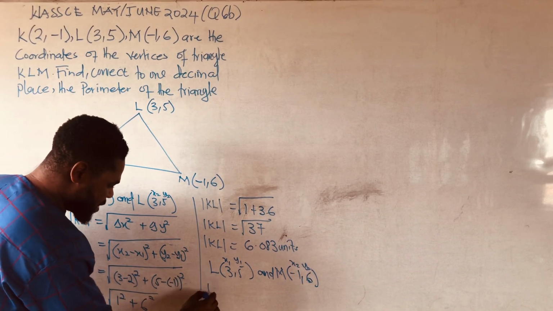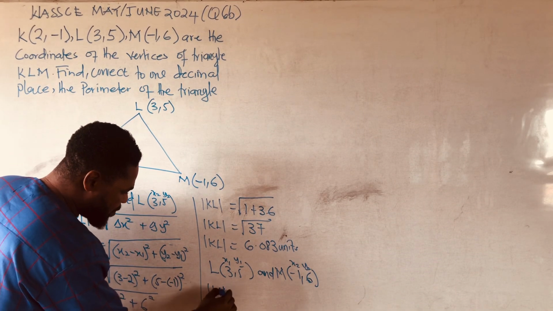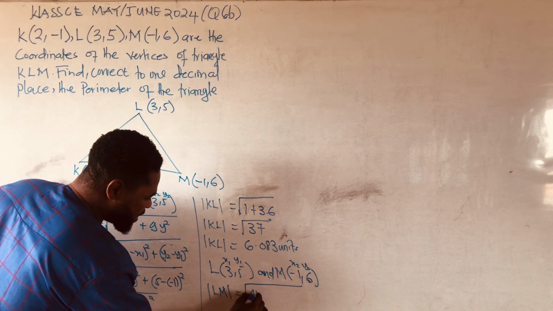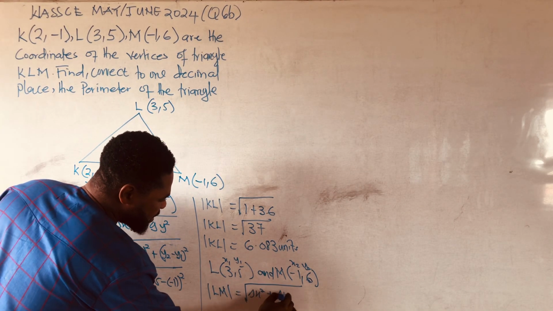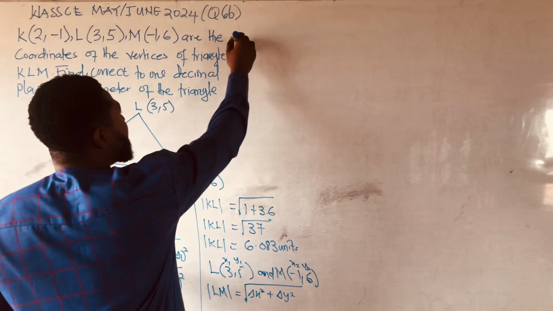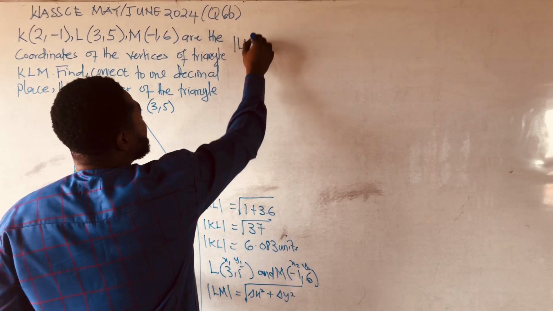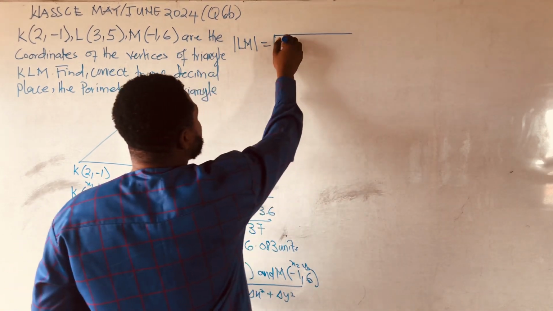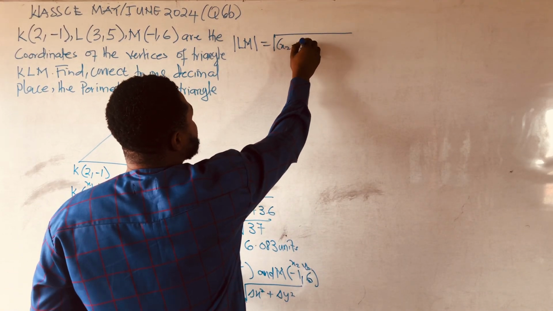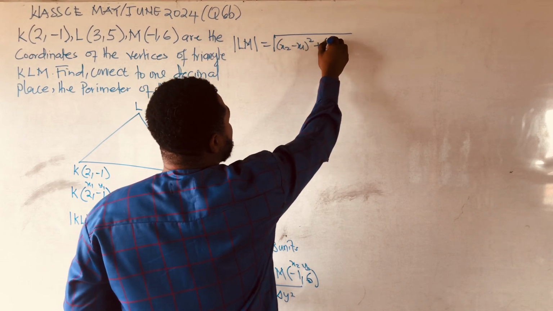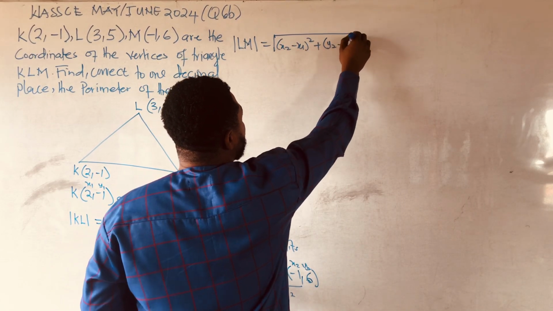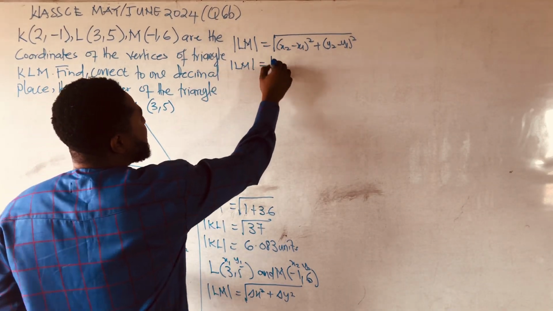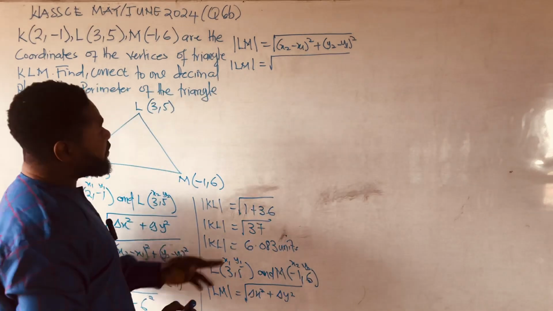Then we state our formula for the magnitude of line LM, where we have change in x squared plus change in y squared, which we can break down as LM is equal to the square root of (x2 minus x1) all squared plus (y2 minus y1) all squared.